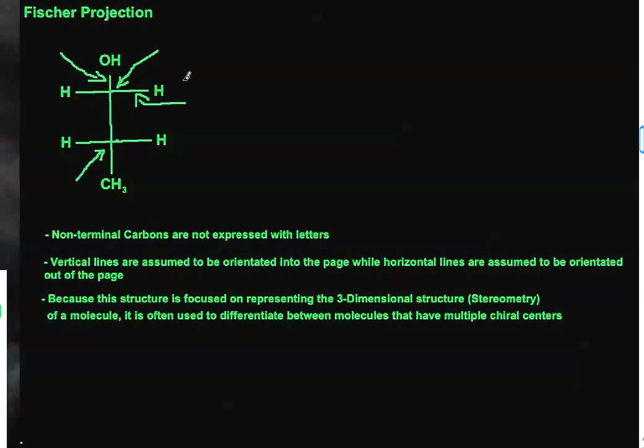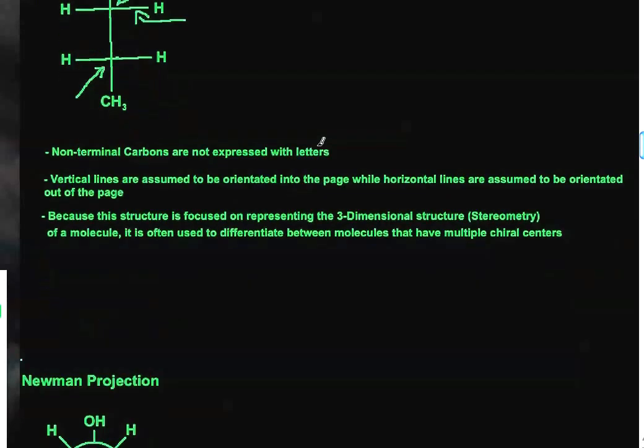Looking at the molecule in this way, you're able to see a three-dimensional structure forming around each of these non-terminal carbons. And this allows you to get a view of the rotation and the orientation of each of these substituent groups on those carbons. So you can get a good view of the three-dimensional structure, or stereochemistry of the molecule. But that's something we'll cover in a later video as well.